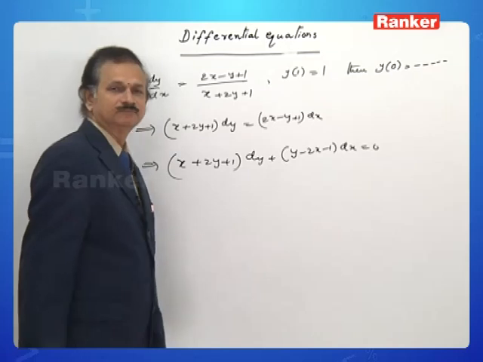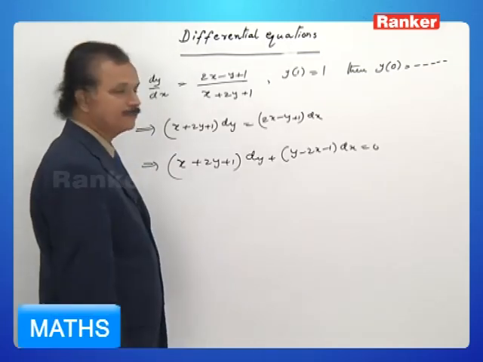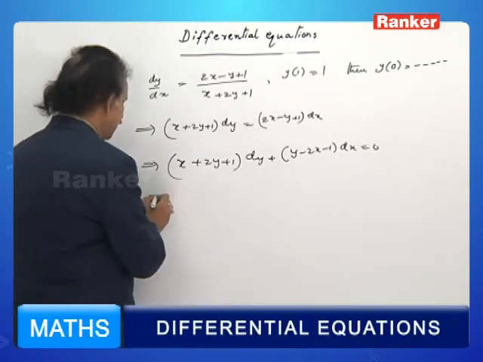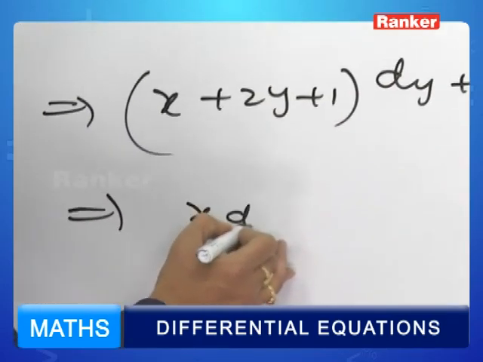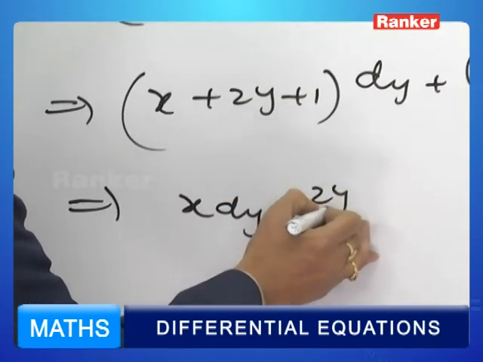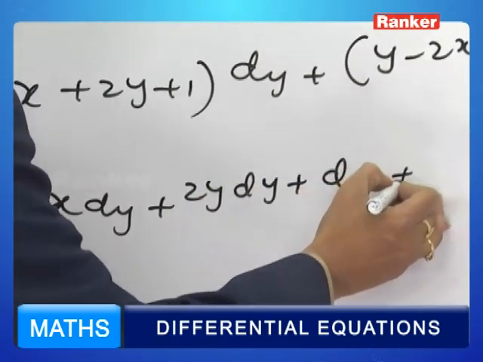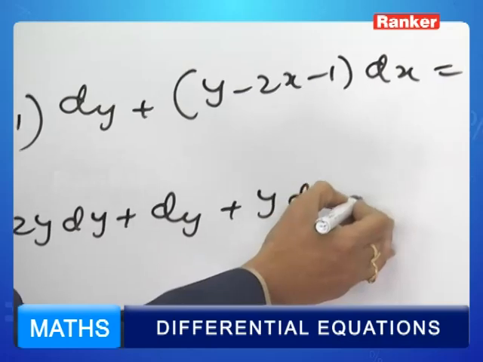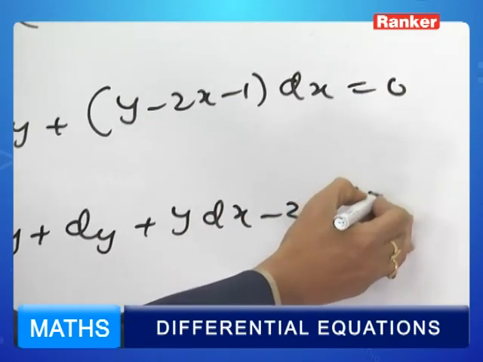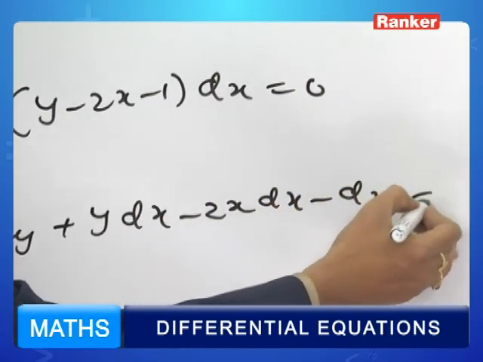Correct? Is it right? Now you multiply: x dy plus 2y dy plus dy plus y dx minus 2x dx minus dx is equal to 0.